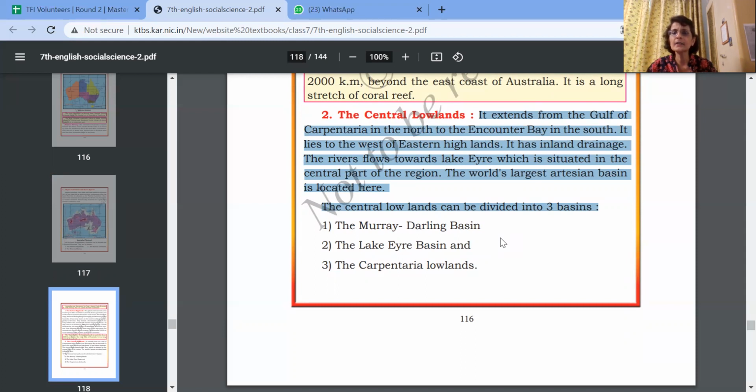What an artesian basin is, basically, is that there is water in the ground too, and the pressure from the ground pushes that water up and up. When they make a well in your village, the fresh water comes into the well, and it can be used for drinking, cooking and any other thing. Because Australia has so many lakes, there is a lot of fresh water underneath the ground, and it is the world's largest artesian basin.